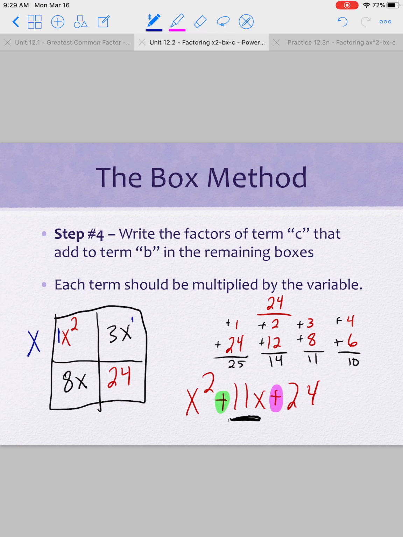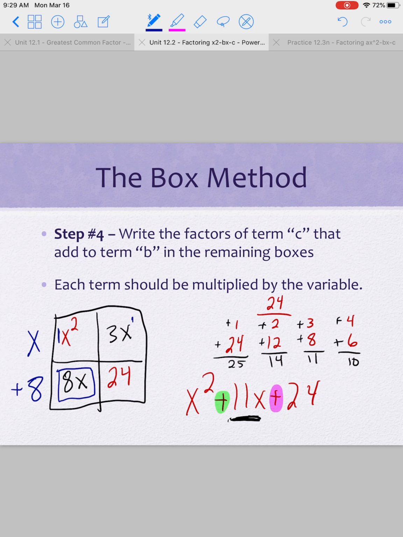And there's no need for me to write a 1 in front of my x because there's an assumed 1 there anyways. All right, so the greatest common factor of 8 and 24 is going to be 8. Now, this is where you need to look and see, am I touching a positive or a negative box? Well, this right here is a positive 8x, so this is going to be a positive 8.